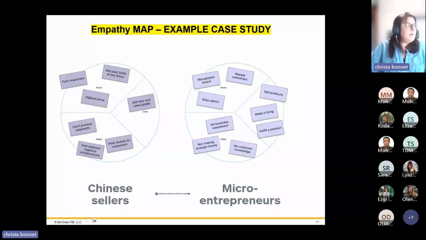And then the same on the Chinese sellers. That brings over from the previous one, and then we see how they should have brought this together. But this we will go deeper into when we work on marketing. Okay, I just want to show you.